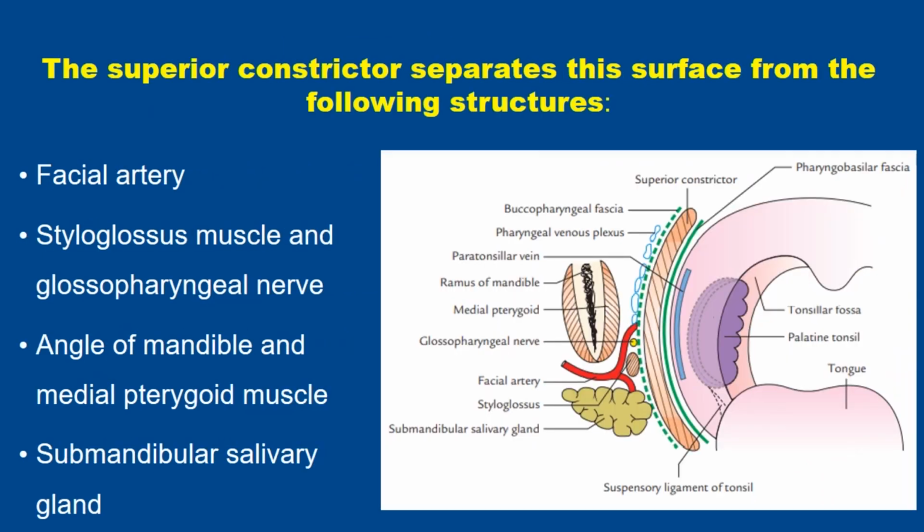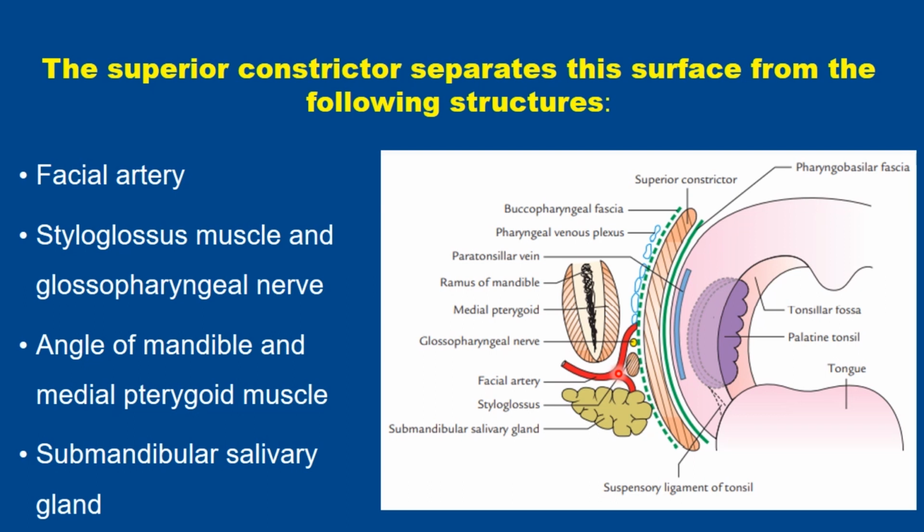Now the superior constrictor separates this surface from the following structures. Here in this picture we can appreciate the superior constrictor, which separates the tonsil from the facial artery. This one is known as the facial artery, and its two branches: one is the ascending palatine and another is the tonsillar branch.